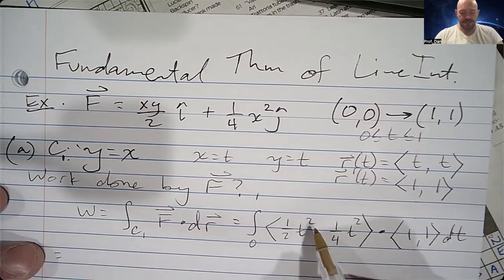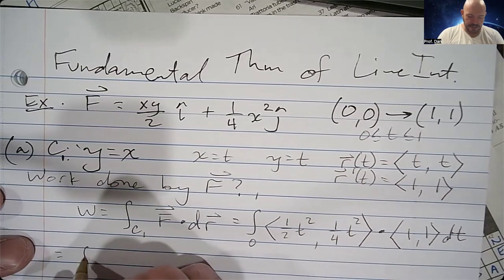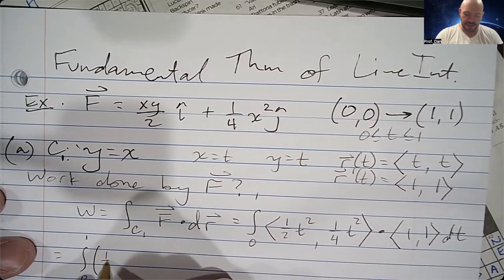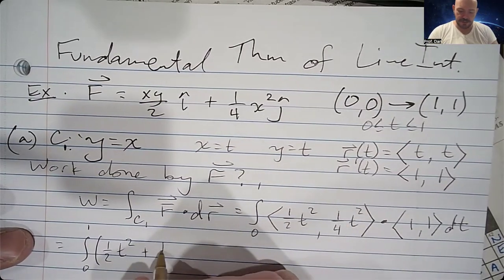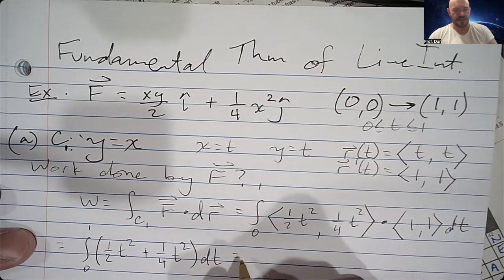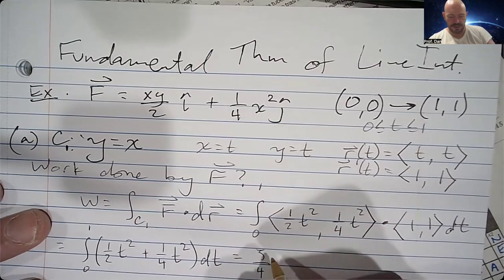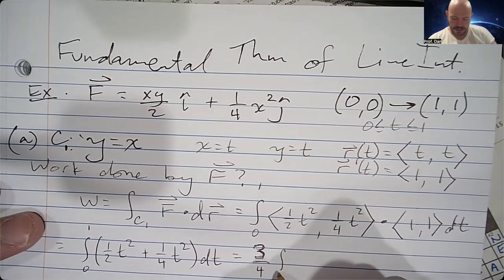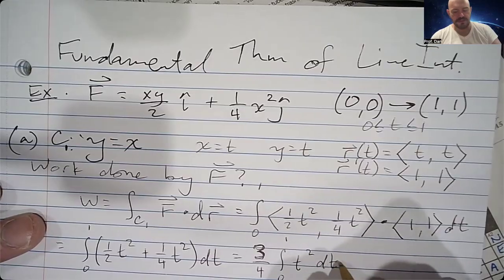And now I take my dot product. First times first plus second times second. So we get the integral from 0 to 1 of first times first, that's 1/2 t squared, plus second times second, that will be 1/4 t squared with respect to t. Since these are like terms, we can combine them. So we get 3/4 integral of t squared dt.